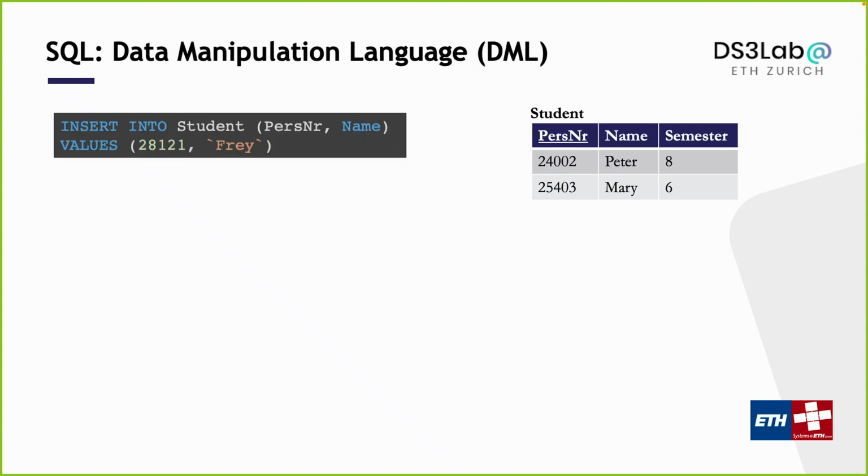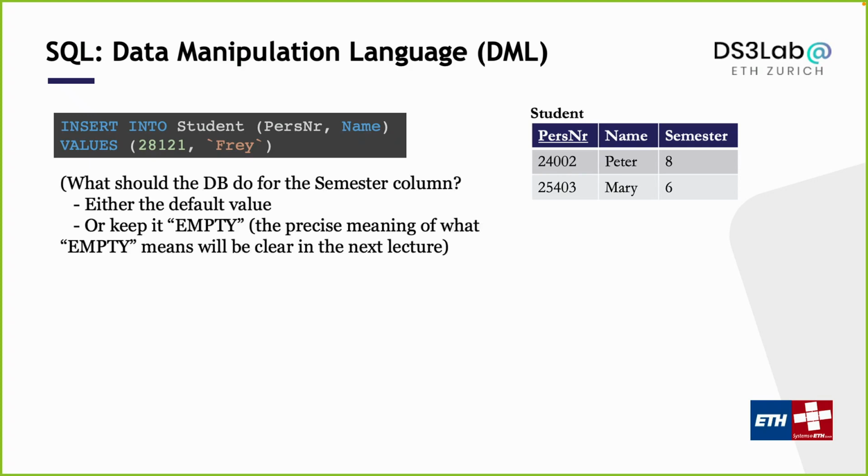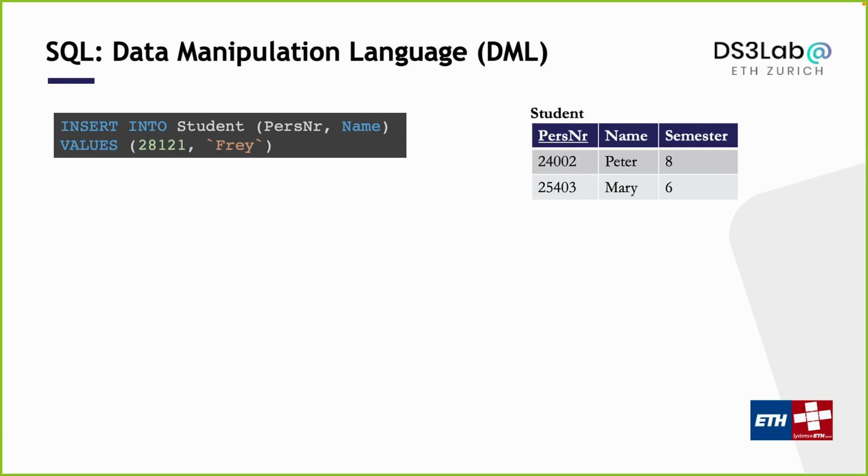So if you want to insert information into your database, right, there is a statement called insert into, right? The way you are doing that, you insert into a table name, you specify the attributes you have value for, right? And then you put the values in the end, right? If you run, for example, this SQL query over this database instance, right, it's going to give you essentially one additional student in this table.